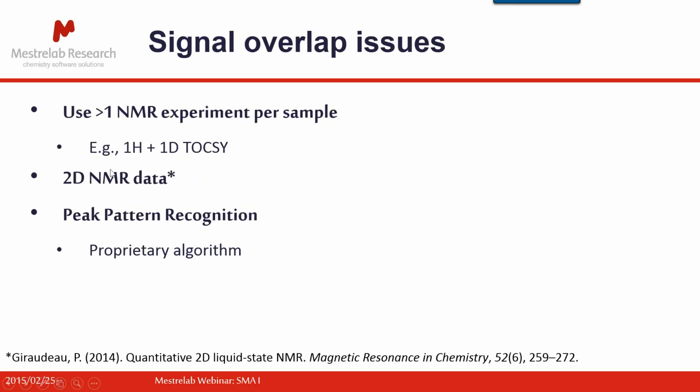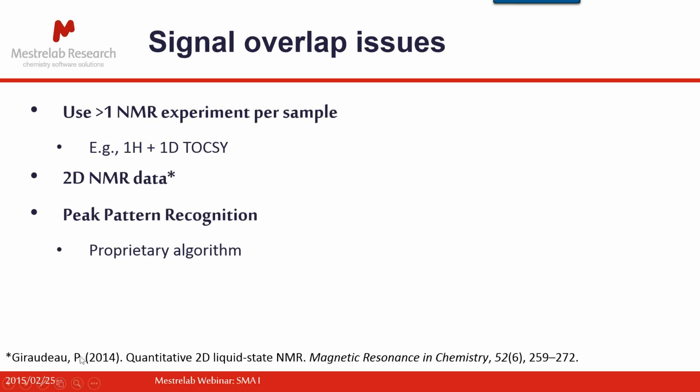The second is that we have full support for 2D NMR data. So if you've got a COSY spectrum, or if you have HSQC, you can specify in the equations, I'm looking for the area for a particular volume, if you like, of a 2D plot, and you can take that and integrate that into your analysis.